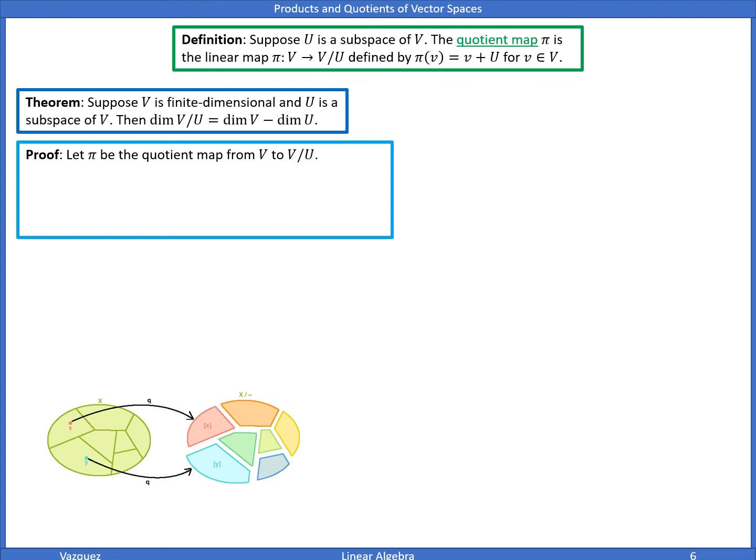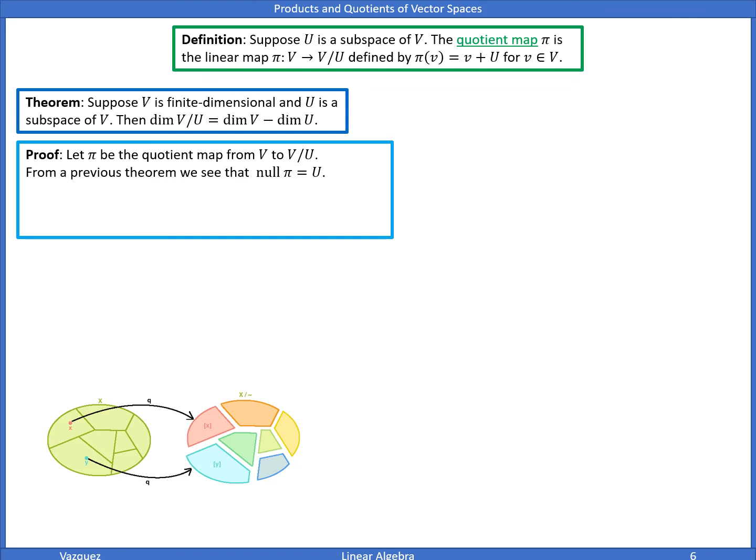So let pi be the quotient map from V to V over U. Well, from the previous theorem, we see that the null space of the quotient map is equal to U. And this shouldn't be really hard to see. What maps to U?